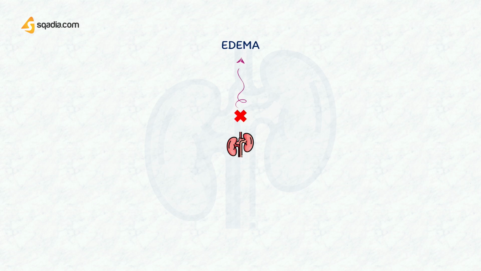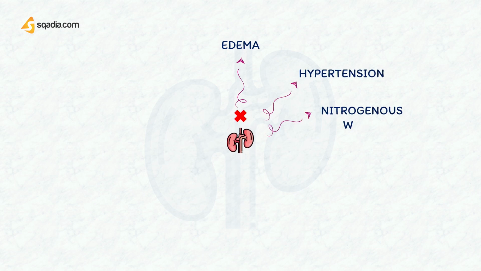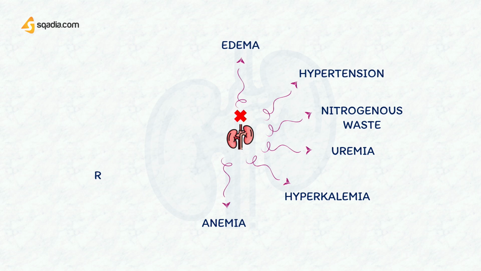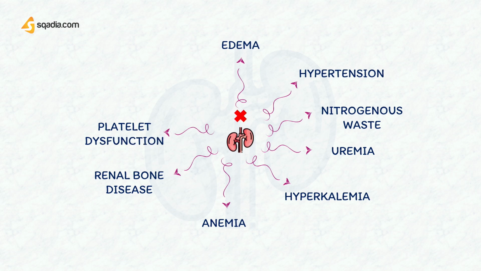In chronic kidney disease, the normal functions of the kidneys are disturbed, which results in 9 possible scenarios, which can be listed as edema, hypertension, accumulation of nitrogenous waste products, uremia, hyperkalemia, anemia. It may even result in renal bone disease, platelet dysfunction, and also can result in different infections.